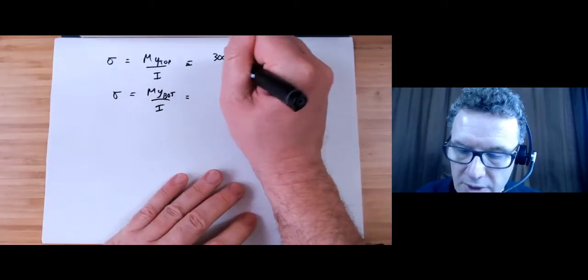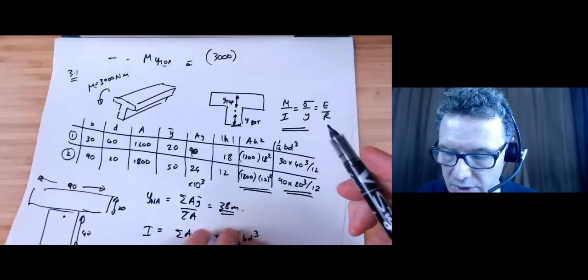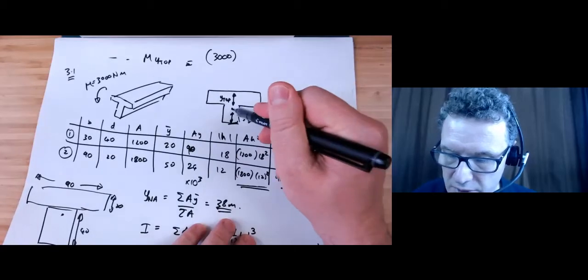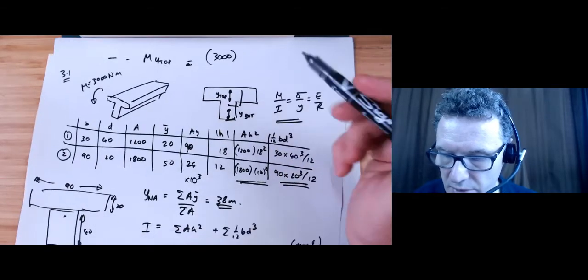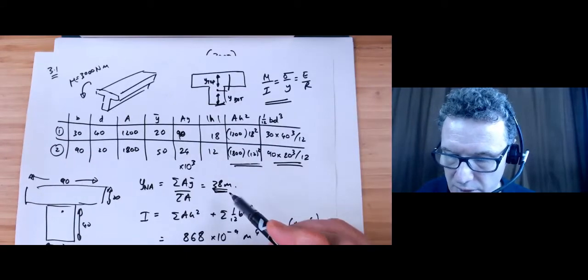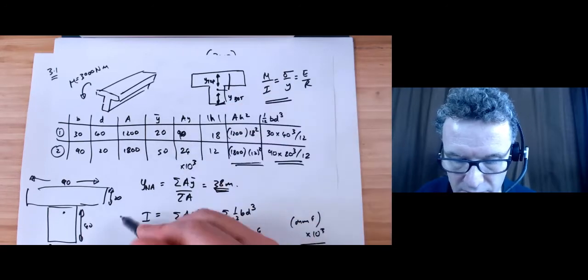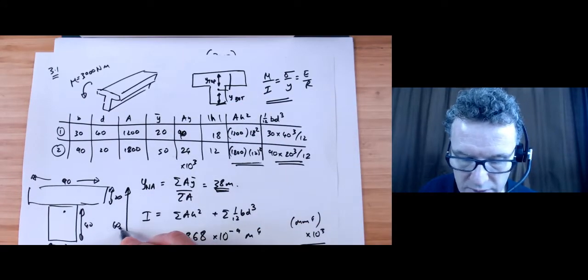So we've got 3000. And then we've got to say to ourselves, well, if this is the neutral axis, what's the distance to get to the top? Well, I now know where the neutral axis is. So to get to the very top here, it's 60 millimeters.